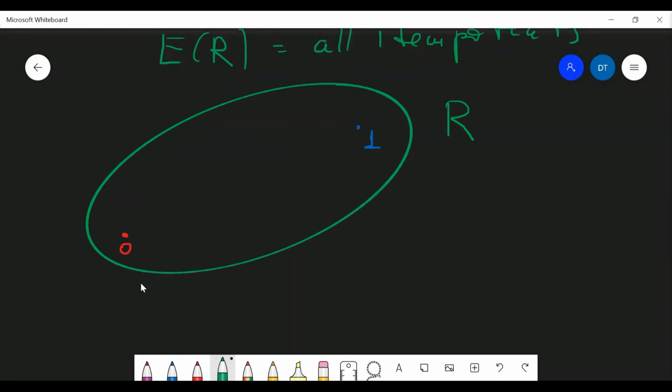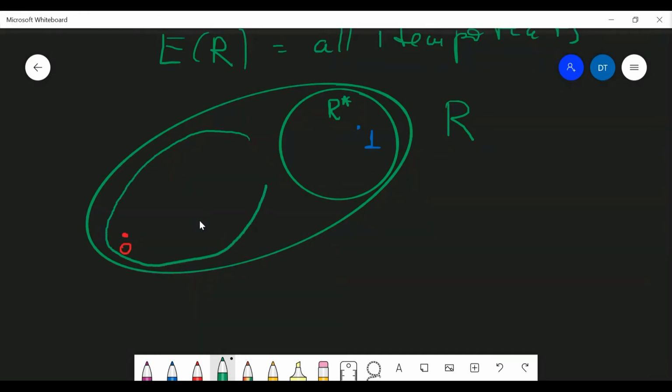Then the set of all invertible elements is somewhere here. Everything outside of this part of the ring is non-invertible. Now, the set of all zero divisors is here. It doesn't intersect the set of all invertible elements.